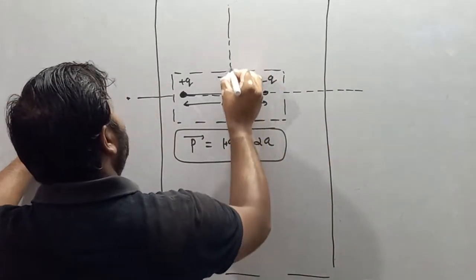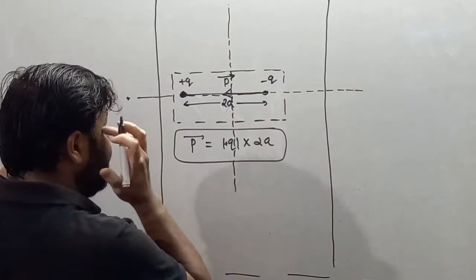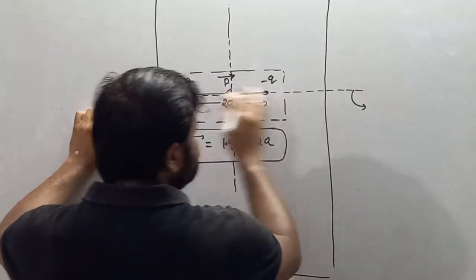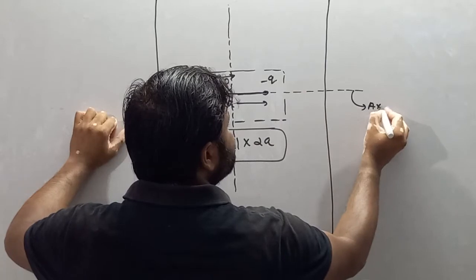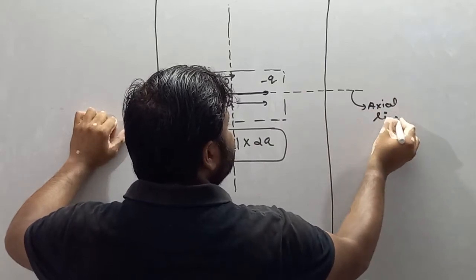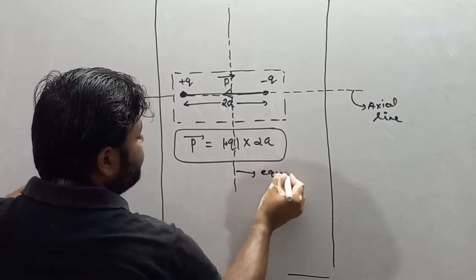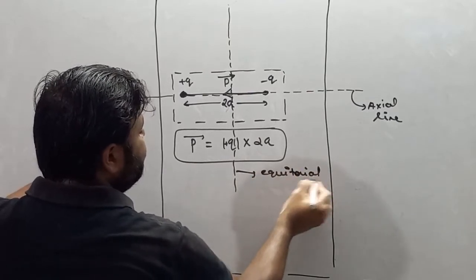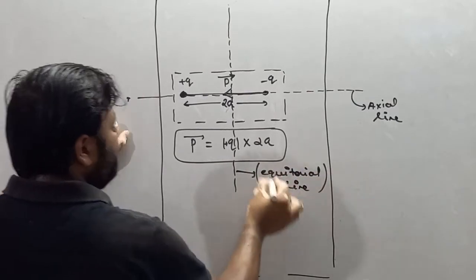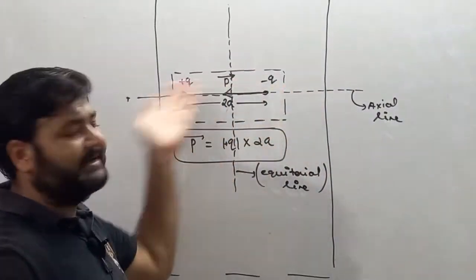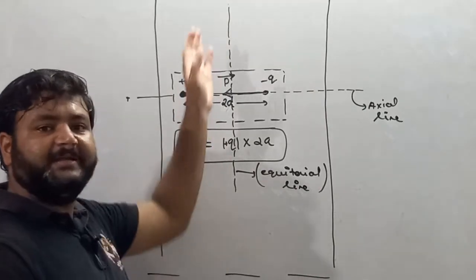electric field on the axial line and on the equatorial line. As we know, the line which is parallel to the dipole moment is called the axial line, and the line which is perpendicular to the dipole moment is called the equatorial line. So we have two lines, one is the axial line and the other is the equatorial line.